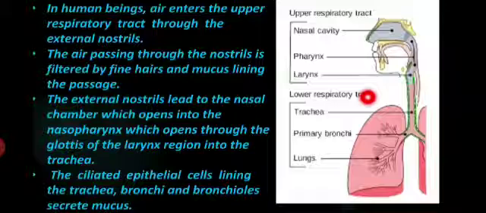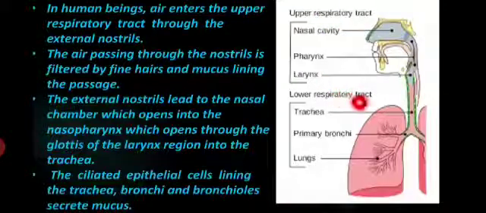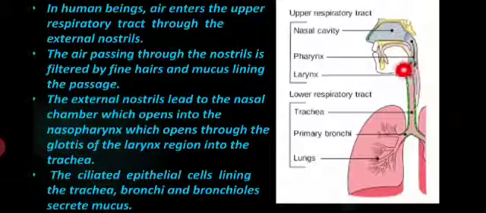The only thing that separates them is the epiglottis. This thin, elastic flap-like structure, the epiglottis, separates the upper and the lower respiratory tract.